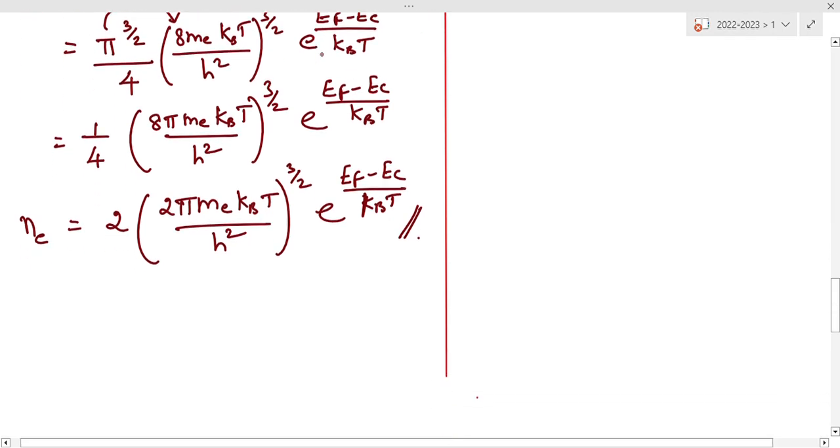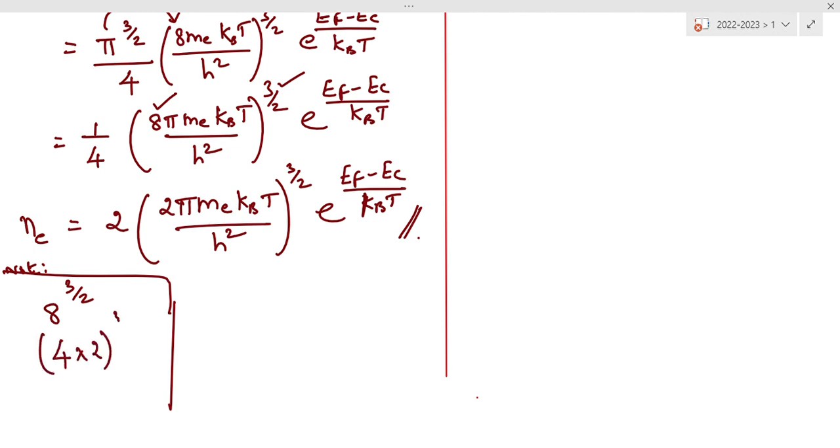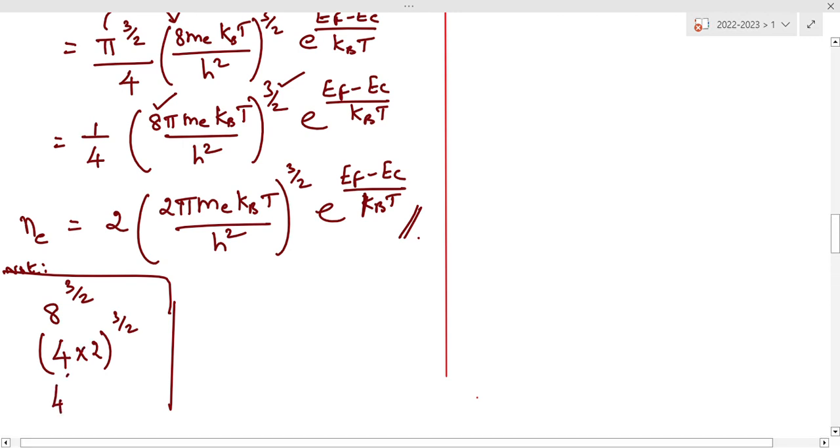How we got this, in the sense, can be explained by: we have 8 here, 8 power 3 by 2. So here I am going to write it as 8 power 3 by 2. It is a note. I am writing this 8 as 4 into 2, so 4 power 3 by 2 into 2 power 3 by 2.